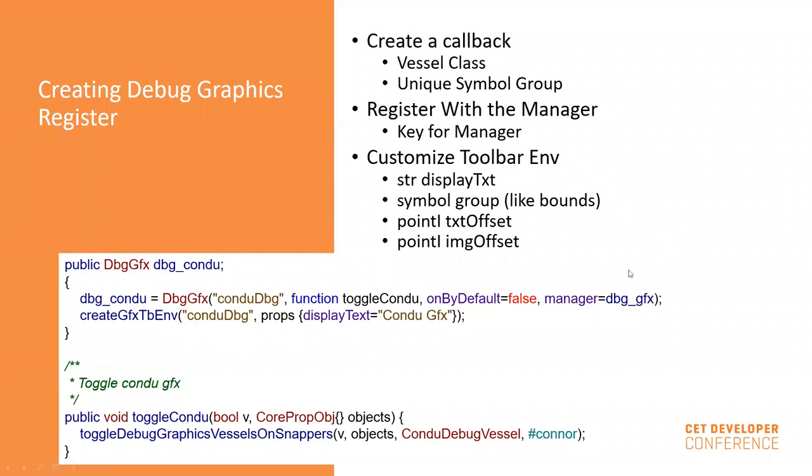I'm just choosing to change the display text to condo graphics. You can have a symbol group, which is kind of like how that bounds has, or the BSP, where it gets that drop down. And so it'll be called from that symbol group. And then when you click the symbol group, your item will be inside of there. You can have a text offset and an image offset, which is that little black square. And the text offset is just your text, which is condo graphics for me.